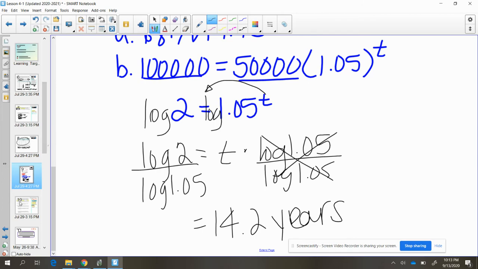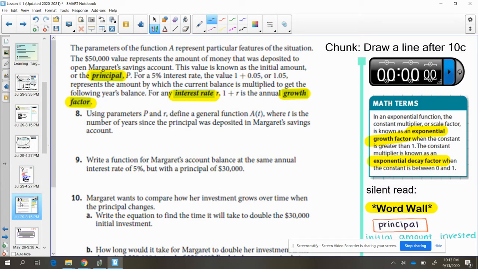Okay. Now on the next page, I'm going to have you try this. Again, we have this general format. This time, we're going to talk about Margaret investing only $30,000. Let's say she wants to spend some of it up front as opposed to depositing all of it.